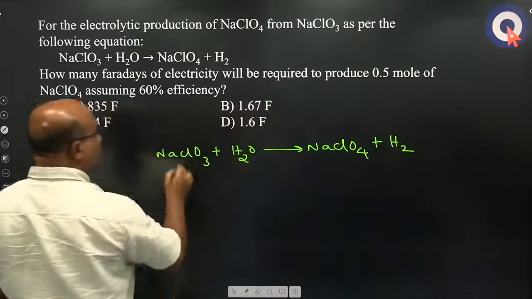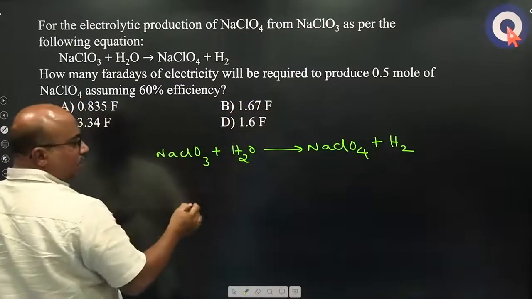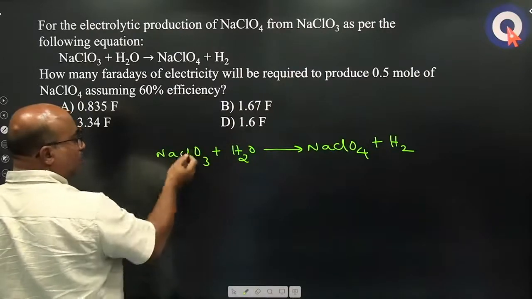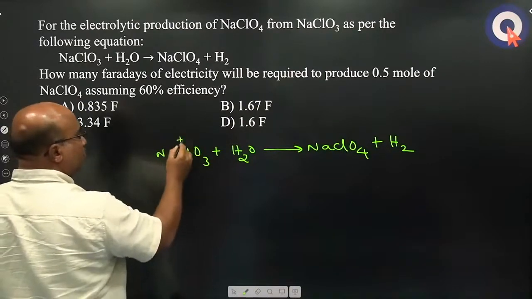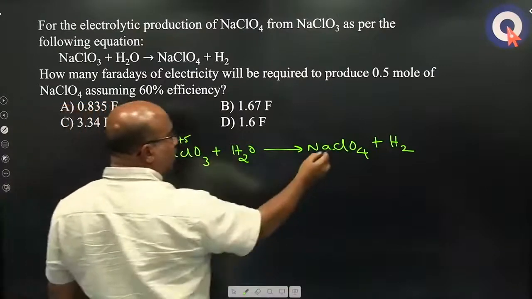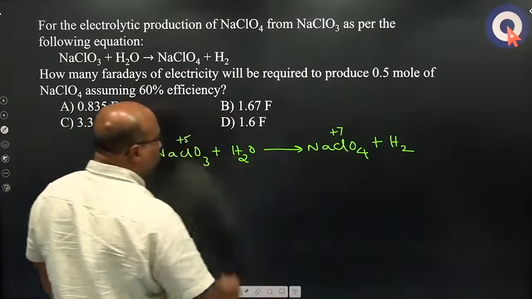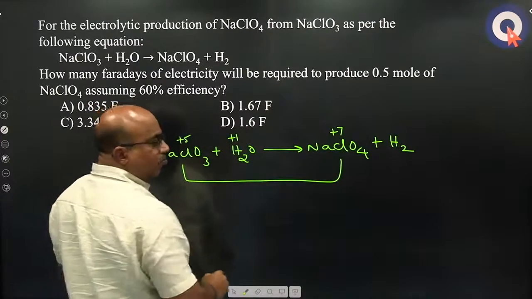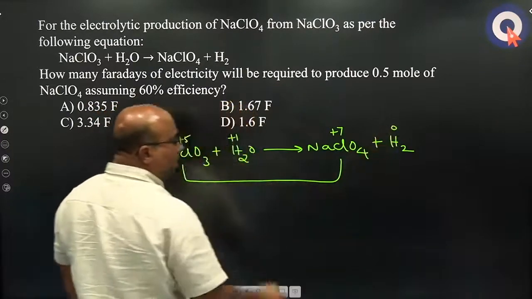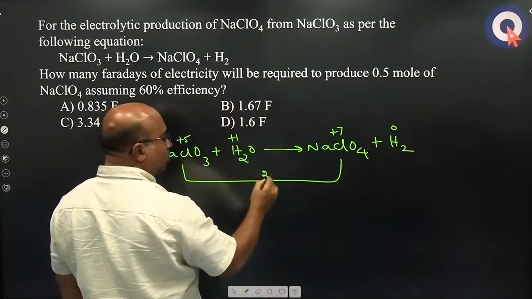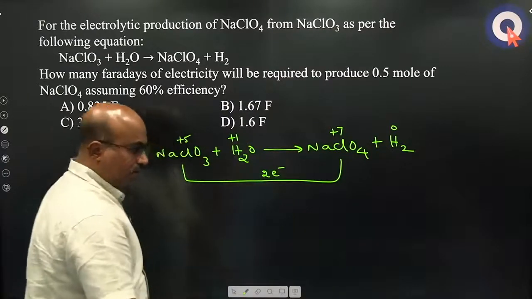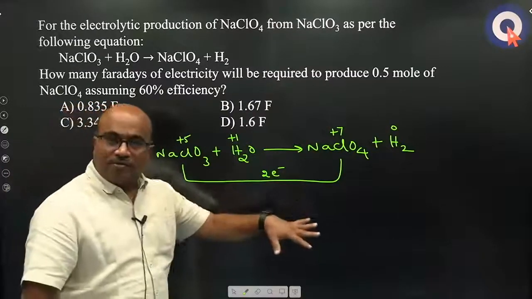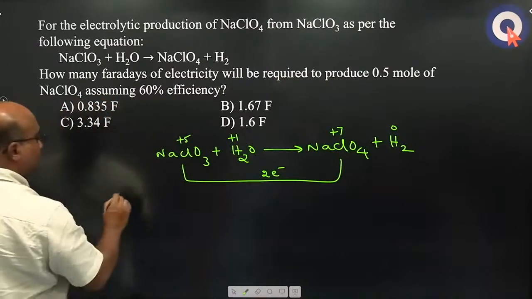What is the oxidation state of chlorine? Plus 5. It is changing into plus 7. So how many Faradays are involved here? Hydrogen is also converted from plus 1 to 0. So overall electrons involved in this process is nothing but 2. What is meant by 2 electrons anyhow? It's nothing but 2 Faradays.